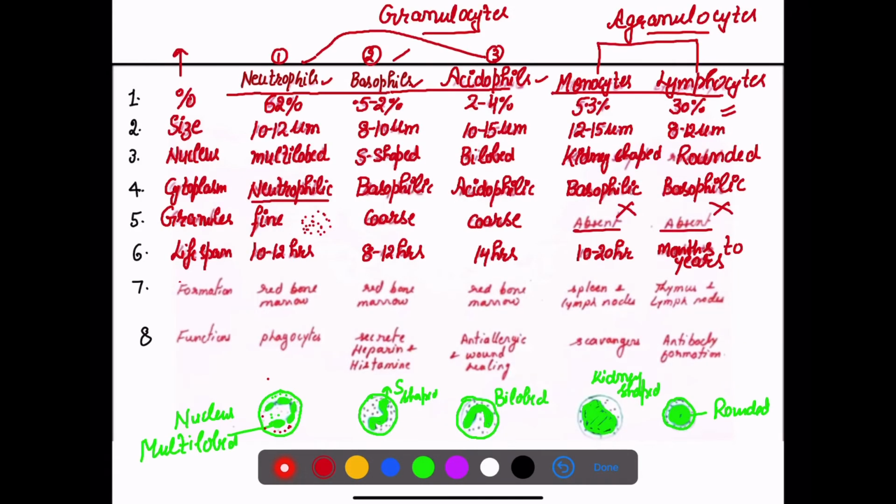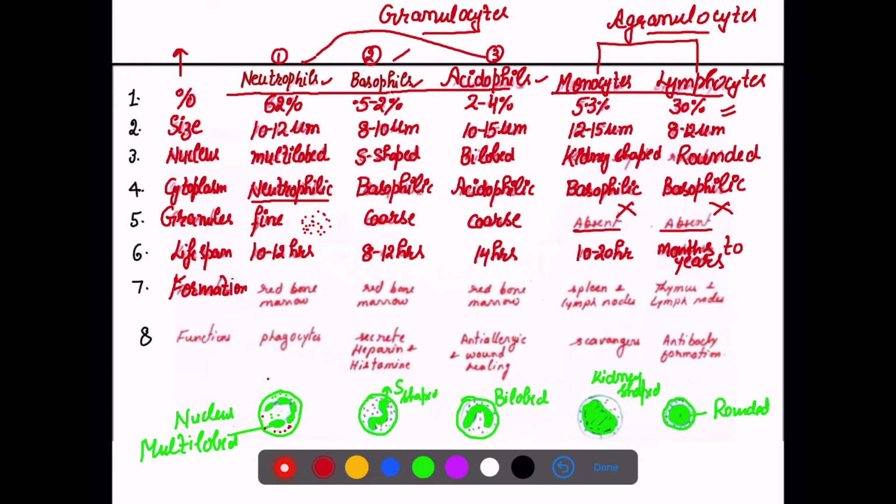Next is about their formation. Okay, now where are WBCs formed? We talked about three things: WBCs can be formed in red bone marrow, they can be formed in lymph nodes, as well as by the thymus. Now as well as spleen.